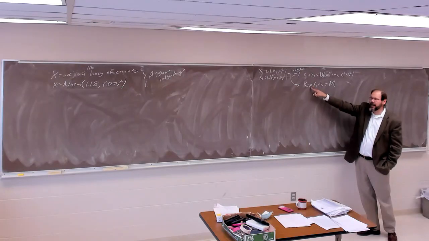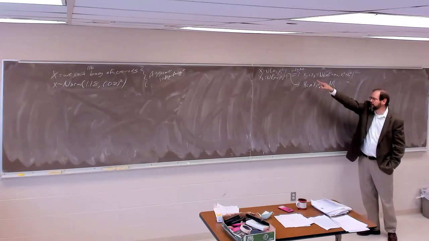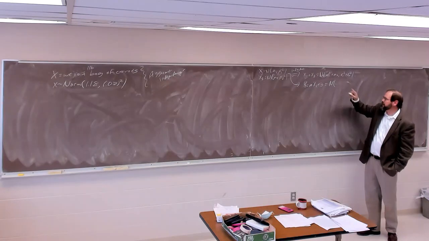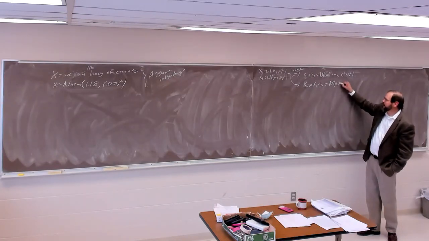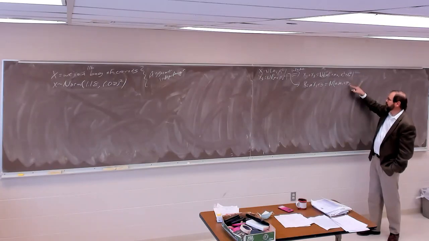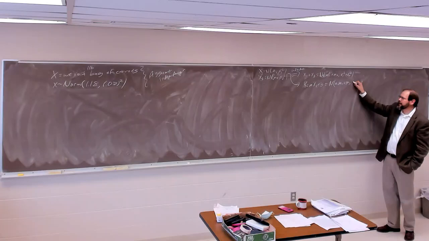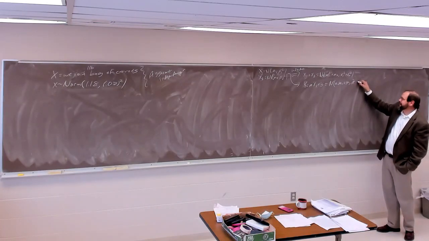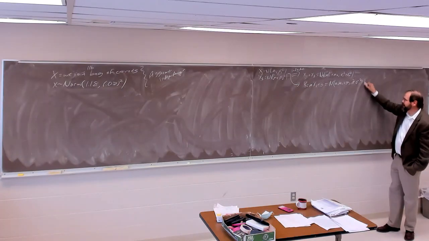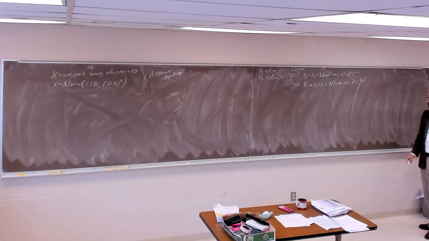I'm just changing it, a constant times x1, plus another constant. A mu1 plus b, and then what's the sigma squared? A squared sigma 1 squared.